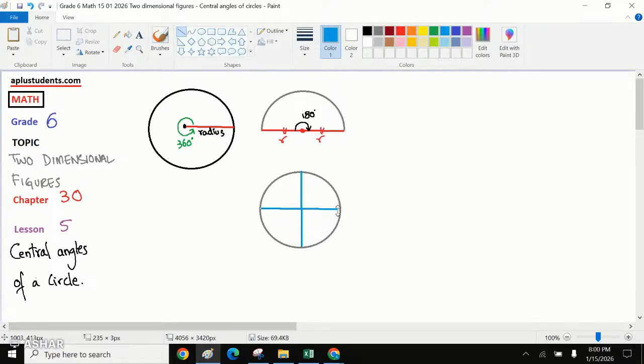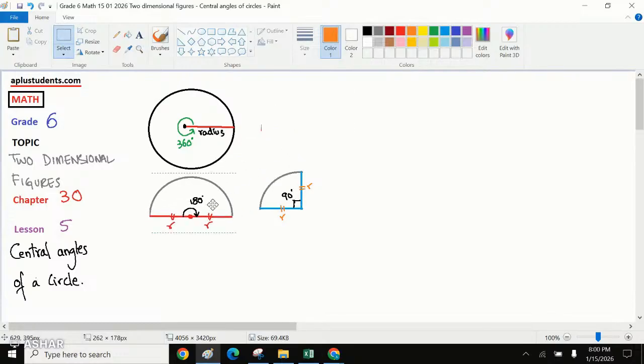That means we are considering a quarter circle, which always has an angle of 90 degrees, also known as a right angle. This length is the radius and this length is also the radius. A circle can be broken down into 3 basic shapes: a complete circle, a semicircle, and a quarter circle.